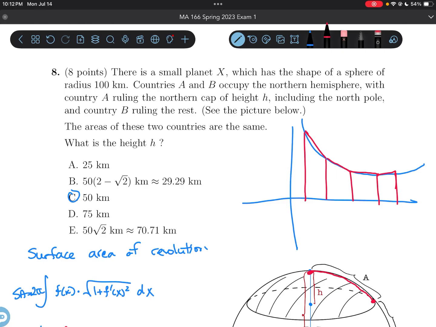So what we end up with is a frustum. And a frustum is kind of like the bottom of a cone.